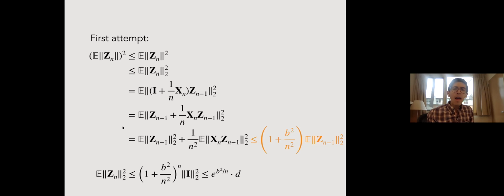Z_{n-1}, good. I didn't actually say what I defined it as. So Z_{n-1} I'm going to define as the product of I plus 1 over n X_{n-1} down to n. That's a good point. So Z_{n-1} is not the analogous quantity with renormalization by n minus 1. It's just with renormalizing by 1 over n. Okay, good. Thank you.